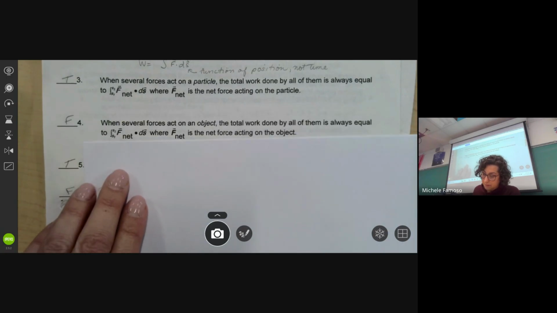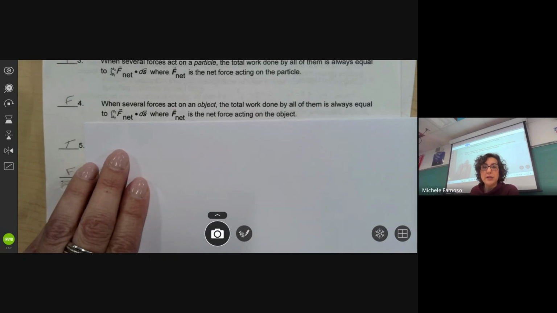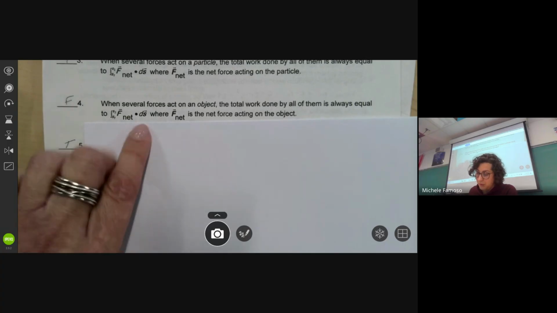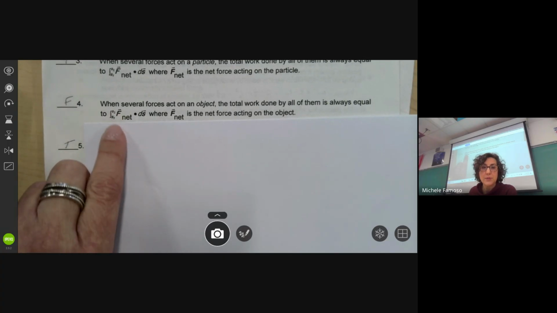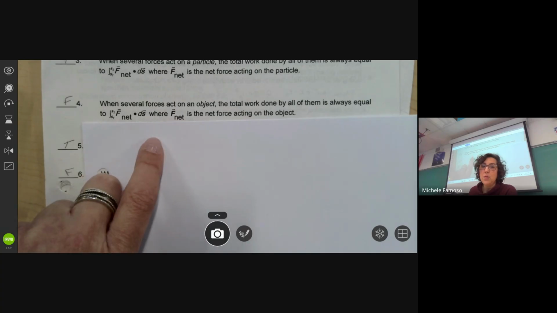4, when several forces act on an object, the total work done on all of them is always equal to the integral of the net force with respect to position from position 1 to position 2, where the net force, F net, is the net force acting on the object. Why is that false?